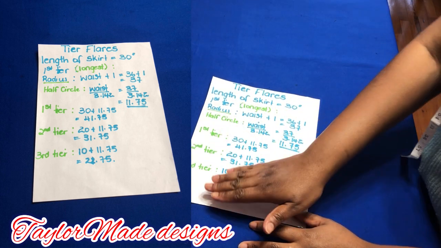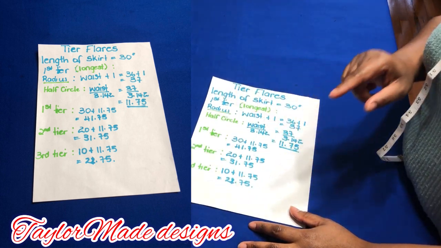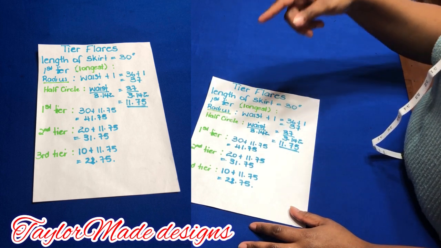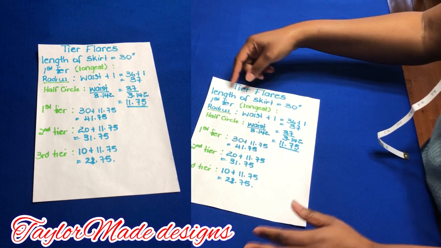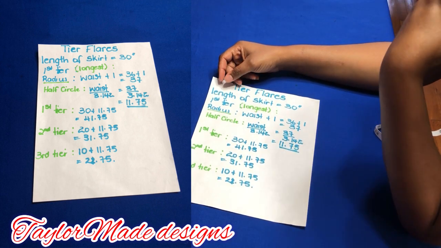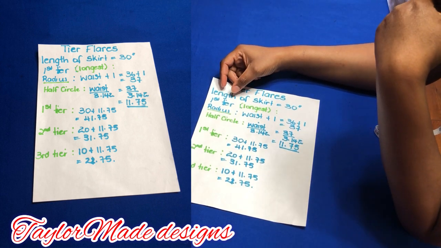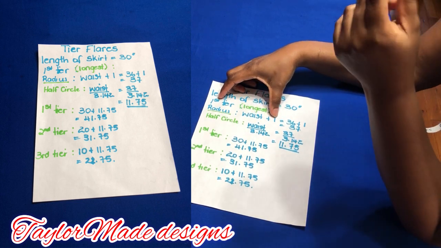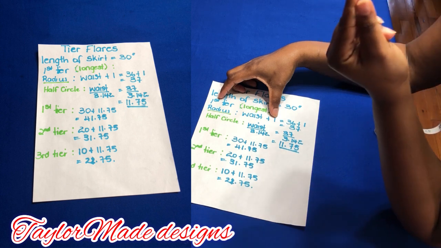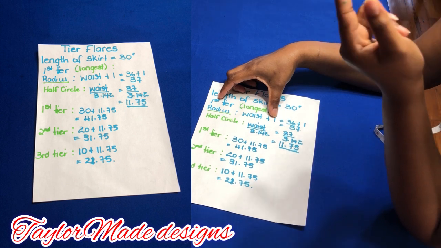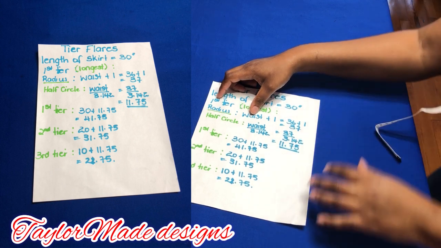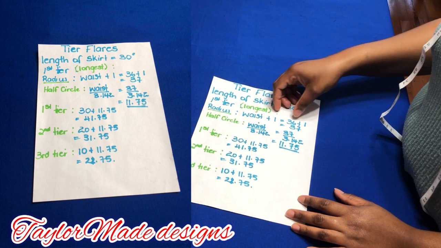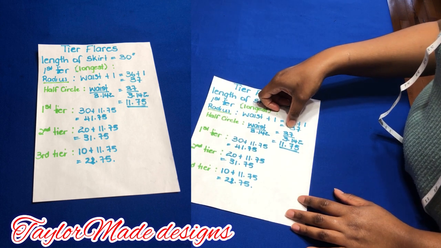So before we talk about the length, let's talk about how you'll get the radius, because you're gonna need your radius in order to create this dress. So you're going to take your waist and add 1 inch to it, because for the zipper at the back you're gonna need allowance. So my waist is 36, and if I add 1 to that, I'm gonna get 37.